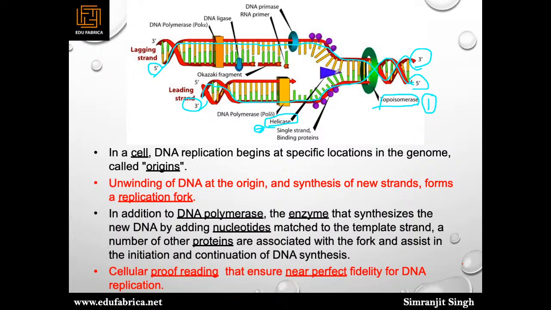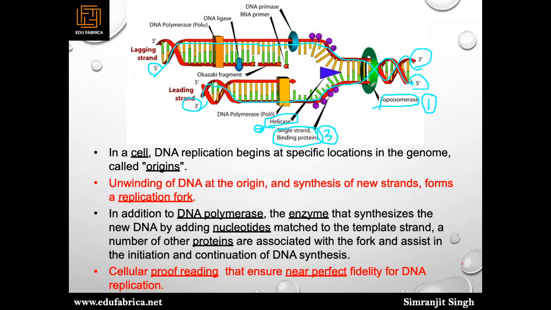After these bonds are broken, in order to stabilize the nucleotides over the template of these strands, our third thing is single stranded binding proteins. They come into play and help in the stabilization of our nucleotides, right?